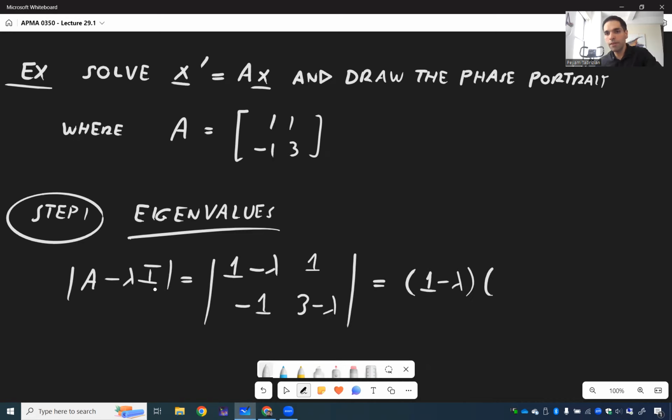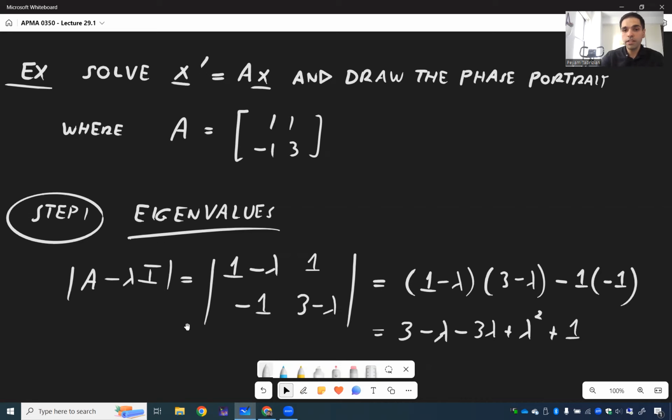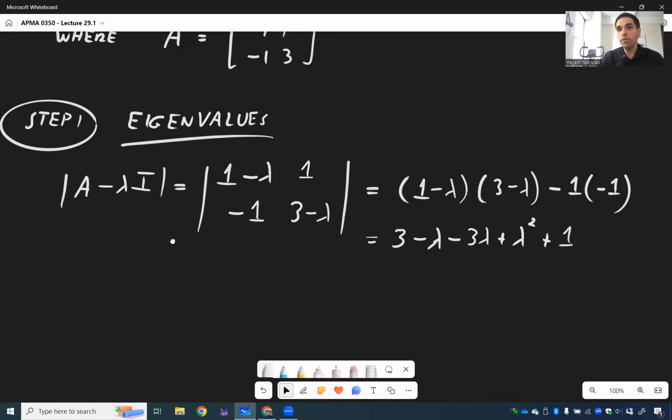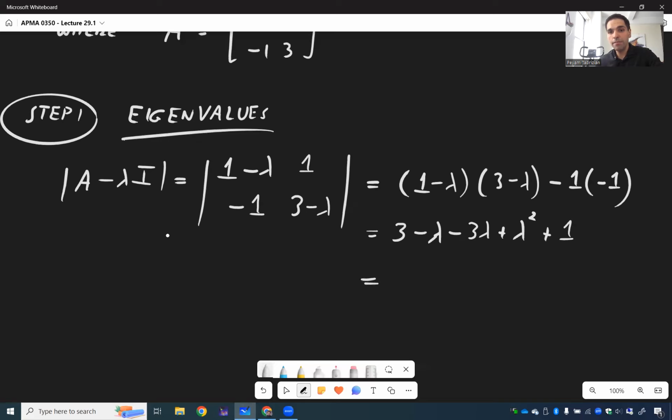So (1 minus lambda) times (3 minus lambda) minus 1 times minus 1. And that becomes 3 minus lambda minus 3 lambda plus lambda squared plus 1. And then what we have at the end is lambda squared minus 4 lambda plus 4.